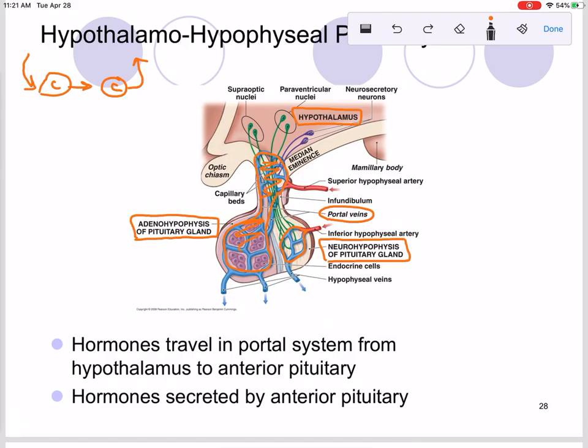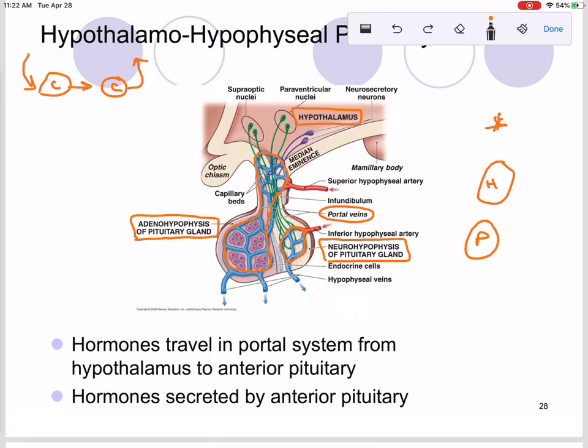Now, depending on what you read about this, even though if you look at this, it shows two capillary beds, one here and one here, I think it's easier to talk about the two capillary beds being one capillary bed in the hypothalamus and then another series of capillary beds in the pituitary glands.